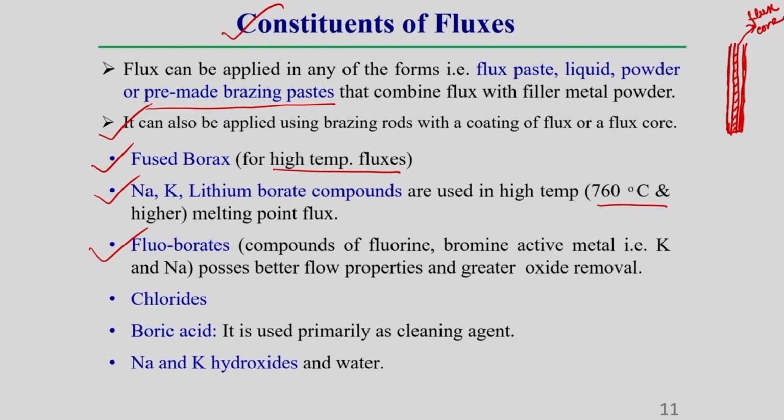It is generally a compound of fluorine, boron, and an active metal, that is potassium or sodium, and this composition can be chlorides. This composition can be boric acid, and this boric acid generally acts as a cleaning agent. Okay. And this constituent of flux is sodium and potassium hydroxide and water. These are the following constituents of flux.